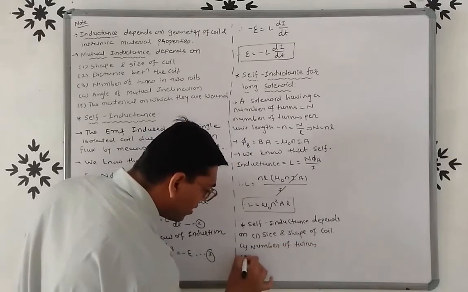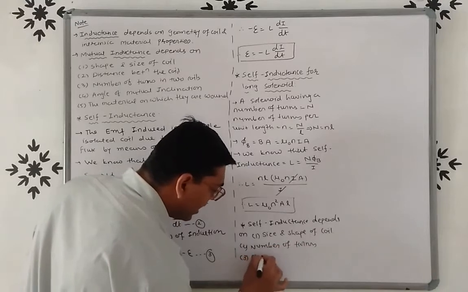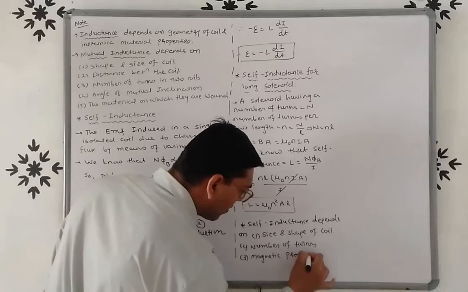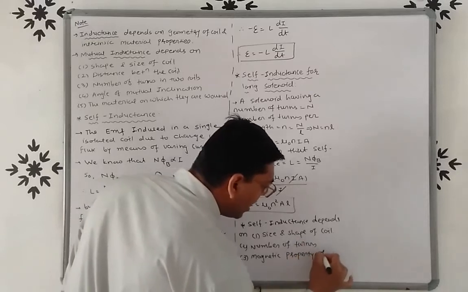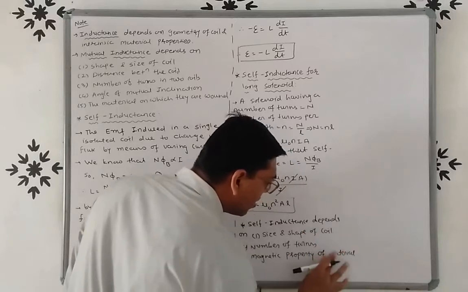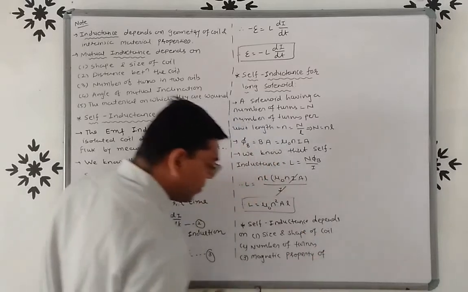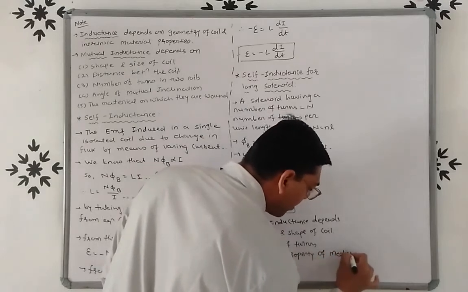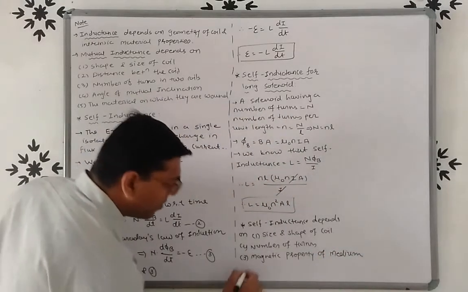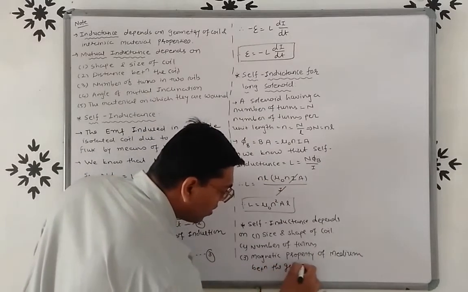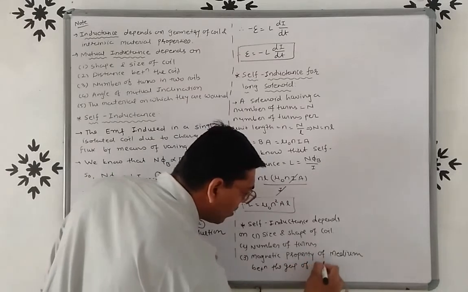Third, the magnetic property of the medium between the gap of the coil.